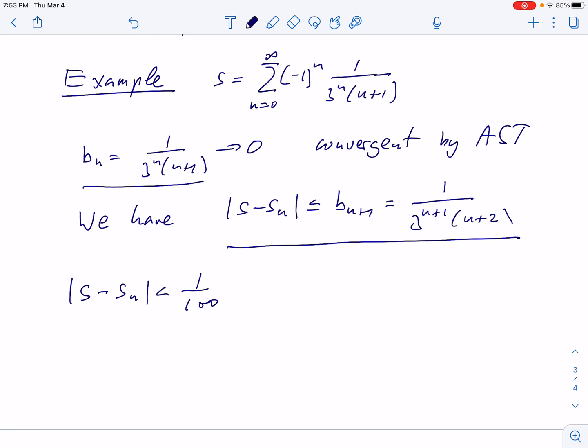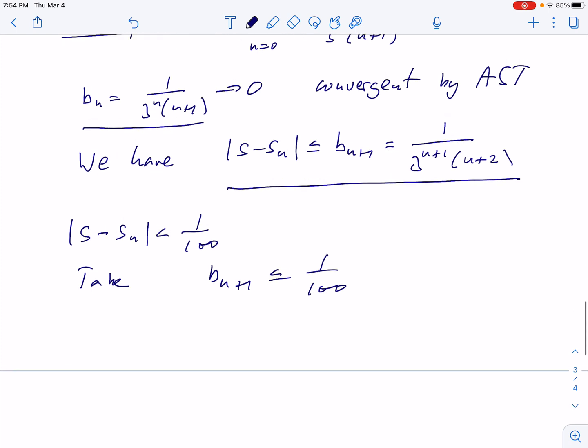Because of our estimate, it is sufficient to take b sub n plus 1 to be less than or equal to 1 over 100. Now we can solve this.